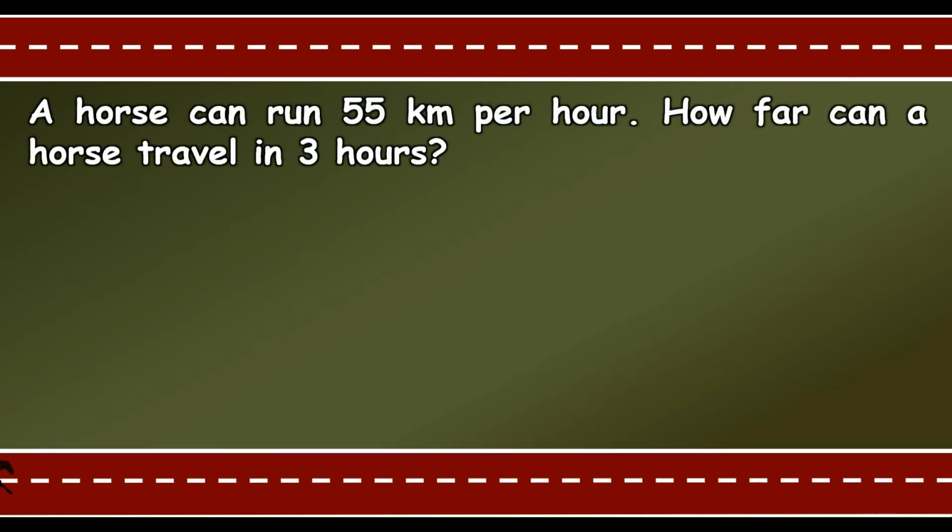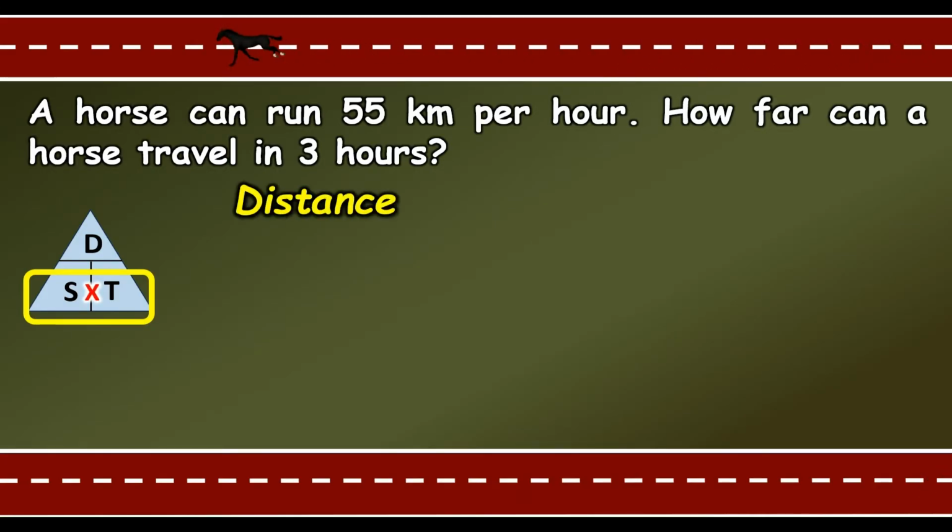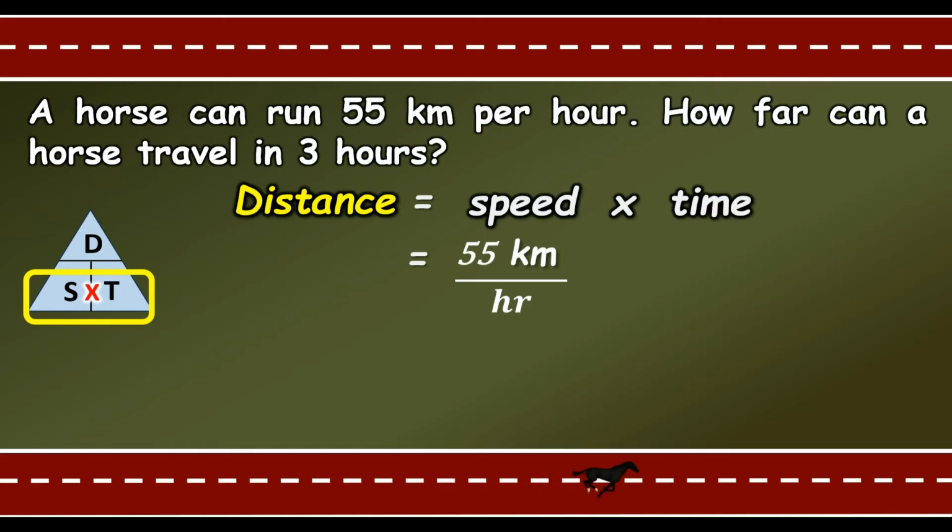Let's have another example. A horse can run 55 km per hour. How far can a horse travel in 3 hours? Again, we use the equation and follow the operation. Distance equals speed times time. For the speed we have 55 km per hour, times time which is 3 hours.